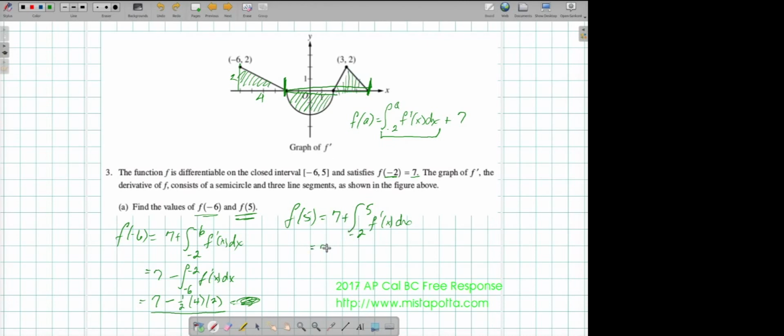So I could say that it's 7 minus the area of that semicircle, which is going to be 1/2 pi times my radius squared, plus the area of this triangle, which has a base of 3, 1/2 of the base of 3 and the height of 2. And again, this is a perfectly fine answer. I don't have to say it's 10 minus 2 pi. I'm perfectly fine with leaving it like this.